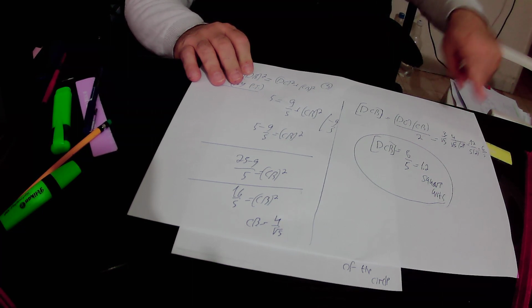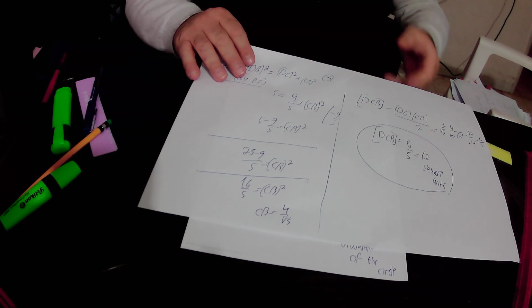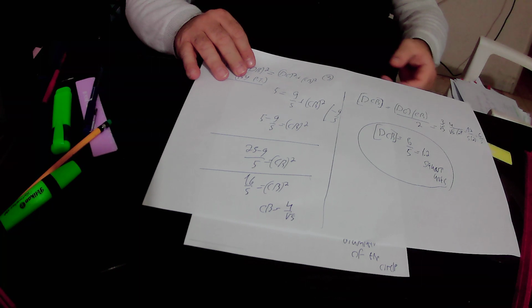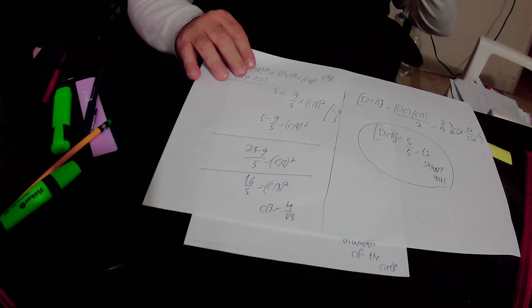Square root of 5 times square root of 5 is 5. 12 over 2 is 6, and in the denominator we are left only with 5. So in conclusion, we found out that the area of the blue right triangle, triangle DCB, equals 6 over 5 square units, or in terms of numbers, it is equal to 1.2 square units.